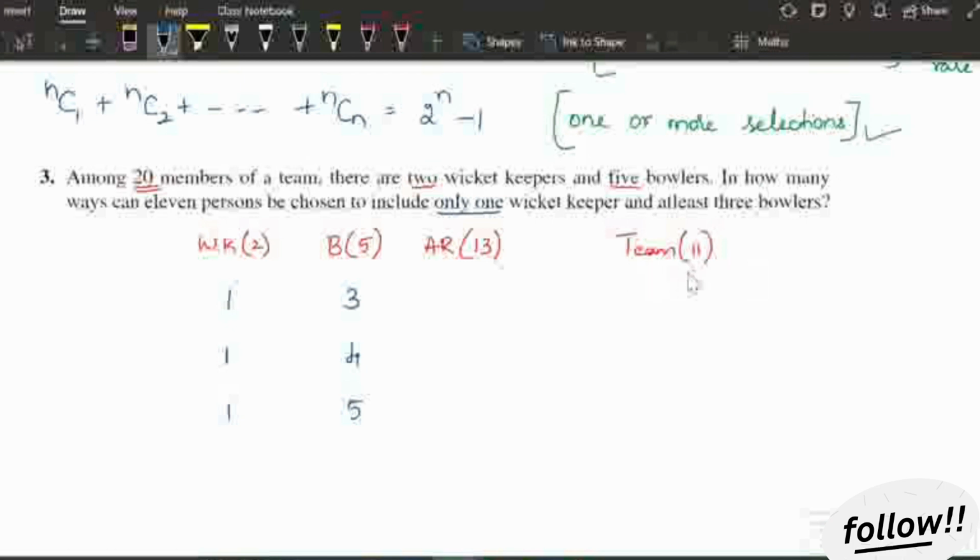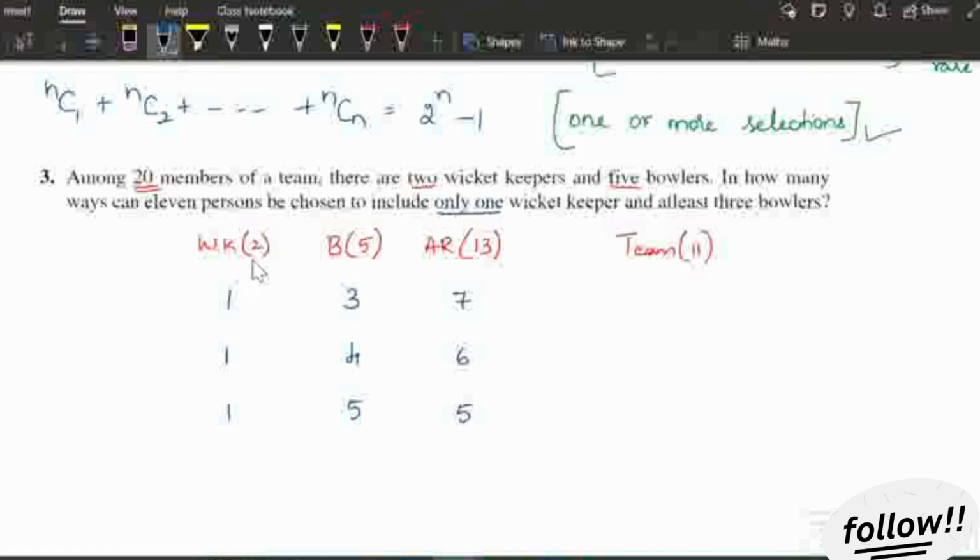Now, to make a team of 11, how many more do you need here? That you write down. So we have 1 wicket keeper and 3 bowlers, which is 4. So I need 7 people from this group. 1 plus 4 is 5. So I need 6 people from this group. 1 plus 5 is 6. Now I need 5 people from this group. Hope it is clear.